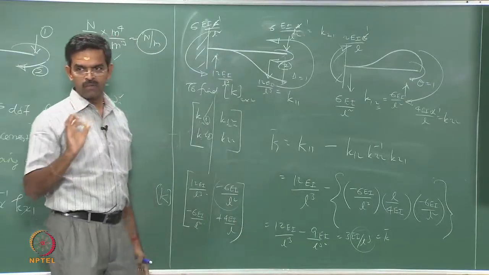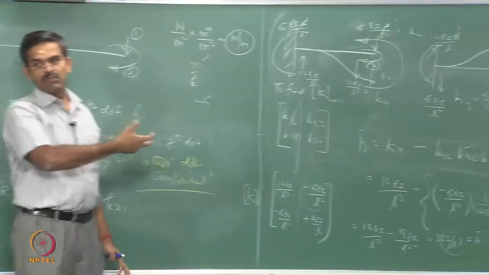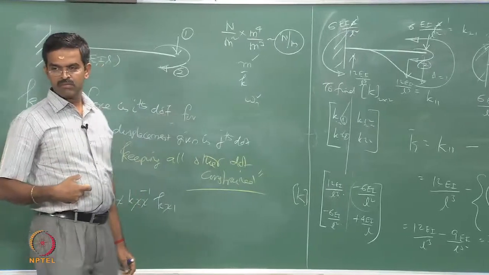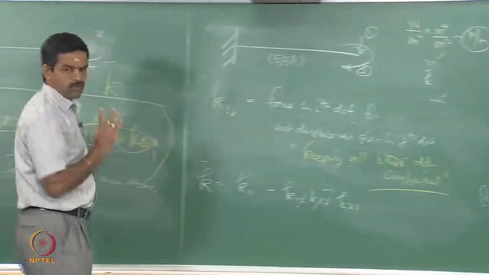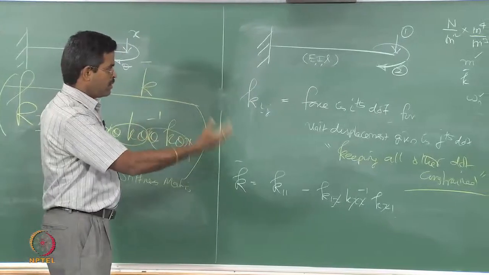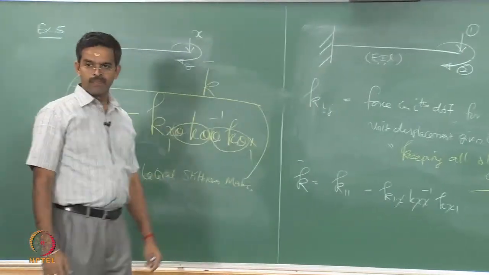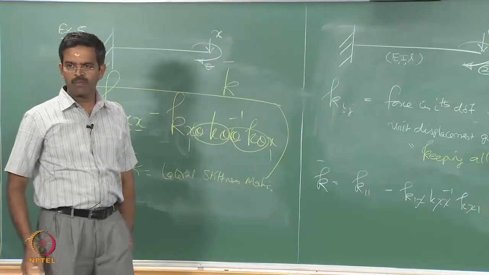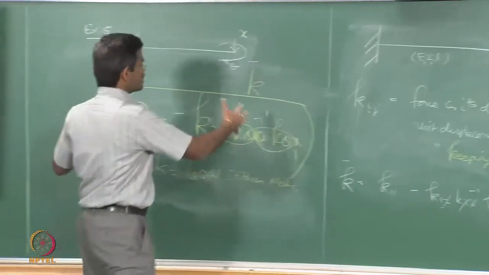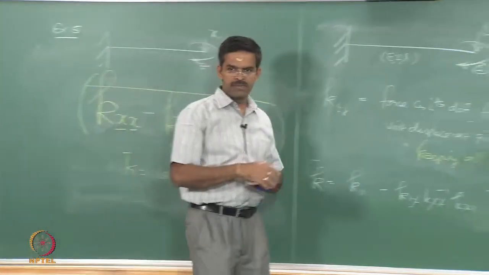That is why it is called the equivalent stiffness. Now, if I know K bar and if I know m, I can easily find omega n for this problem.